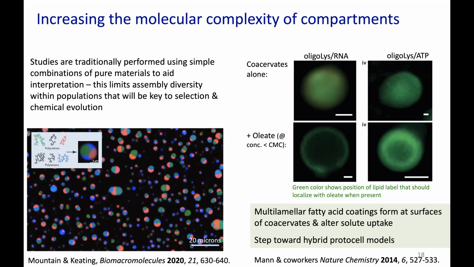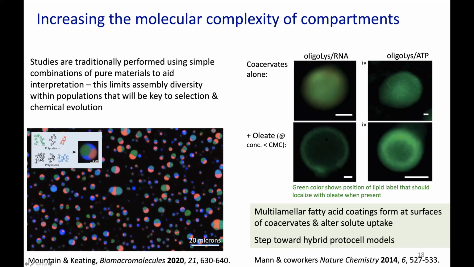If you add to the molecular diversity, that's going to be really important to the selection and chemical evolution of assemblies and compartments. It's something that researchers are increasingly excited to embrace, or trying to learn how to embrace effectively. So I have on this slide two still very simple baby steps that have been taken towards increasing complexity.